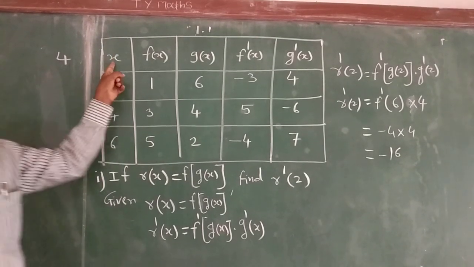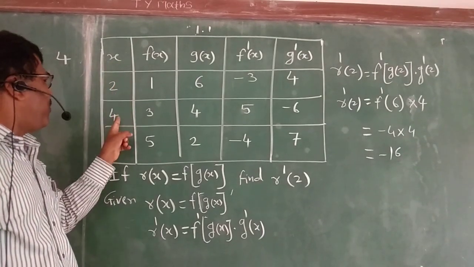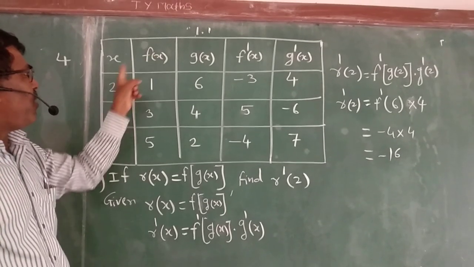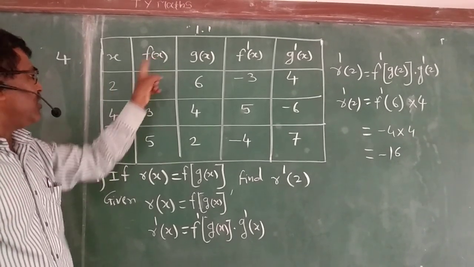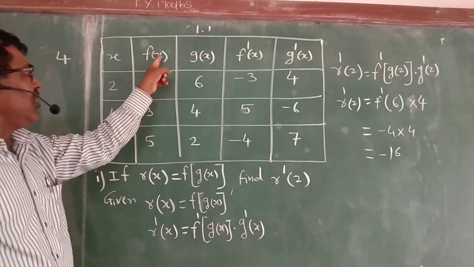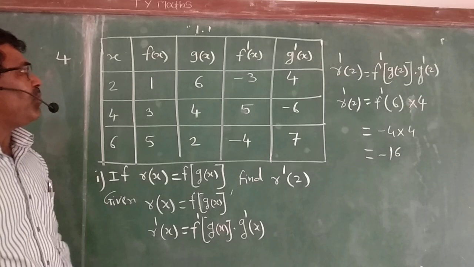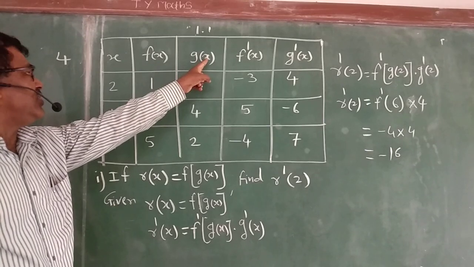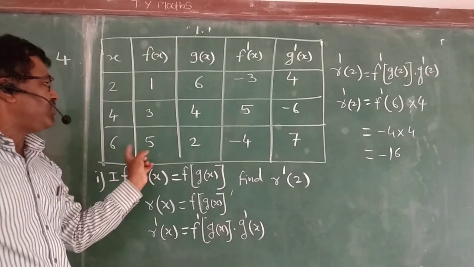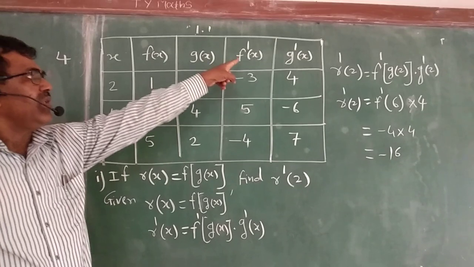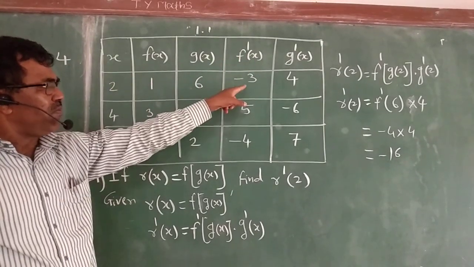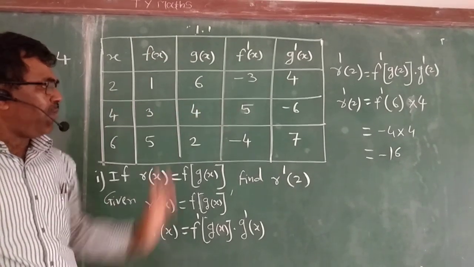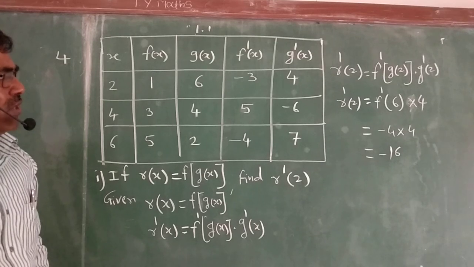X has values 2, 4, 6. f of 2 equal to 1, f of 4 equal to 3, f of 6 equal to 5. Similarly, g of 2 is 6, g of 4 is 4, g of 6 is 2, and f dash 2 equal to minus 3, f dash 4 equal to 5, and so on.